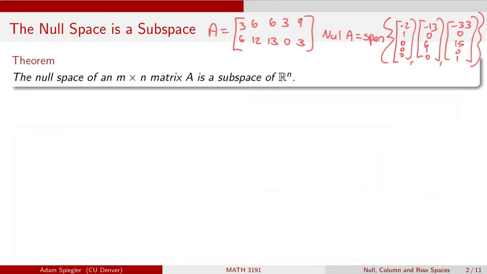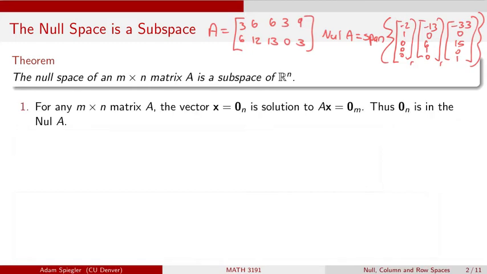For the first property, why is the zero vector contained in the null space of any matrix? Well, that's because for any matrix A, the zero vector is a trivial solution to the homogeneous equation Ax = 0.